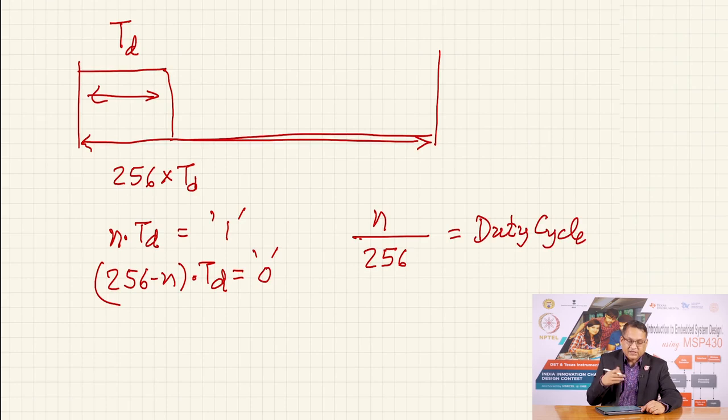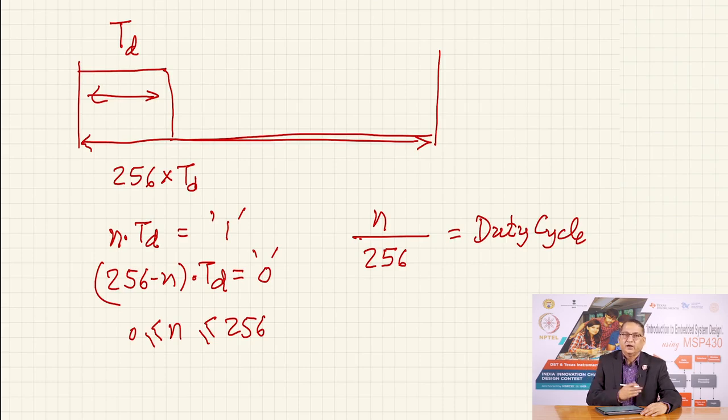Now, by changing this n, I can increase n from 0 to 256. As the value of n increases, you will see that the duty cycle increases, and because this is being done as a software program, by writing an appropriate value of n, I will be able to change the duty cycle from n equal to 0 to n equal to 256.